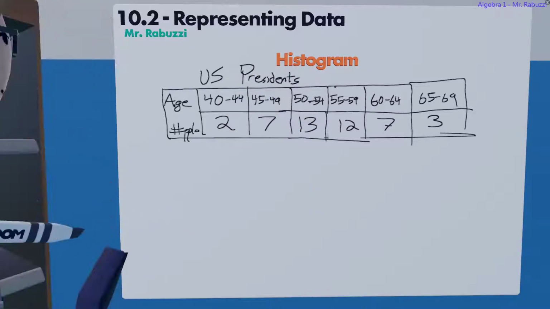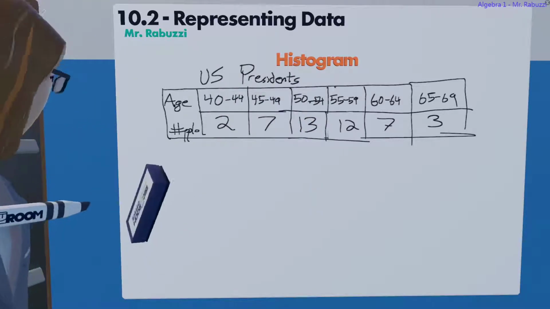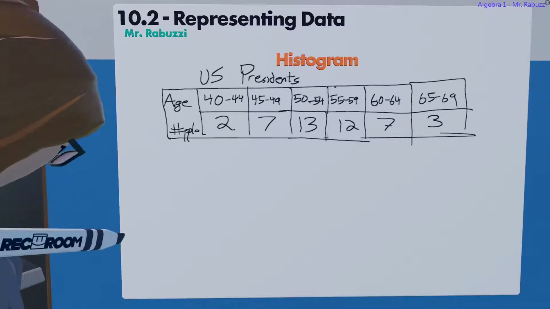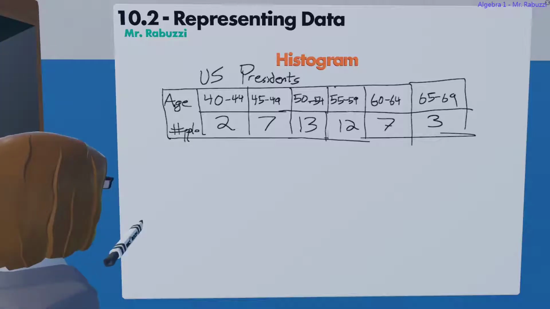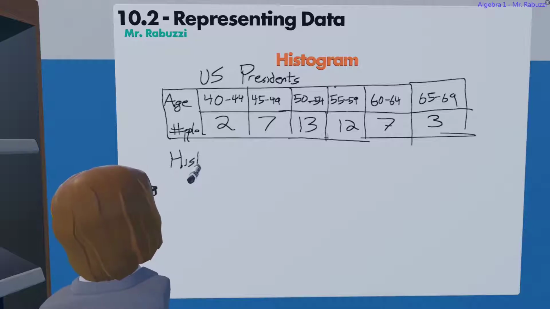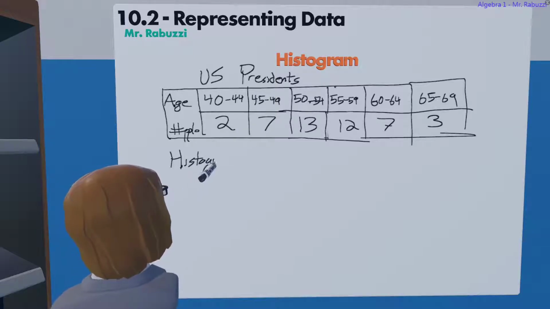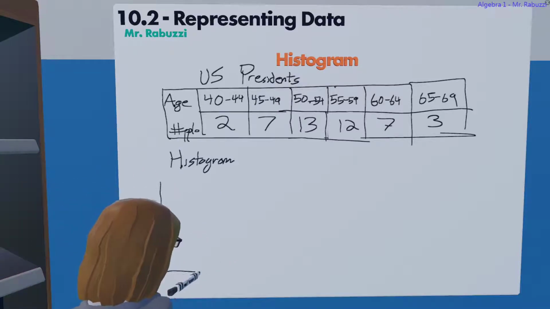Okay, there we go. So this is the U.S. presidents. So we're going to make a histogram to show the U.S. presidents. So here's my histogram. Okay, it starts out looking the same as the bar graph.